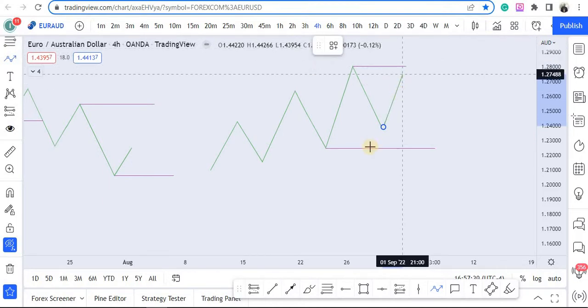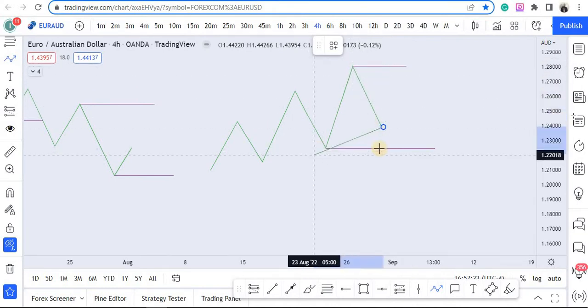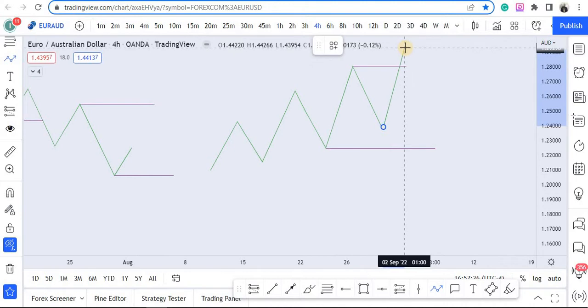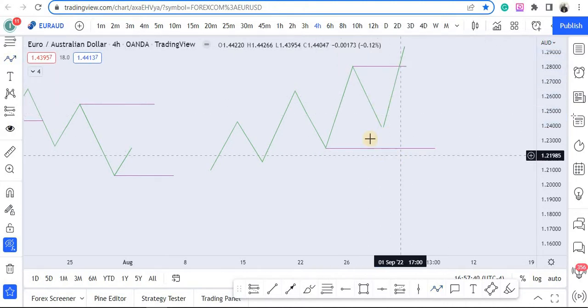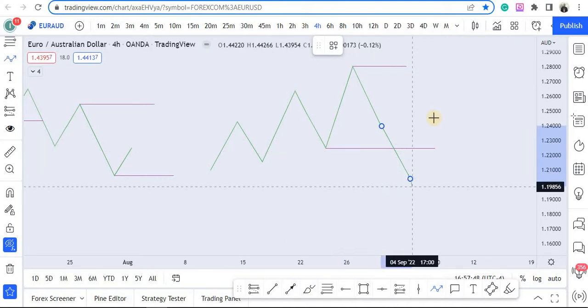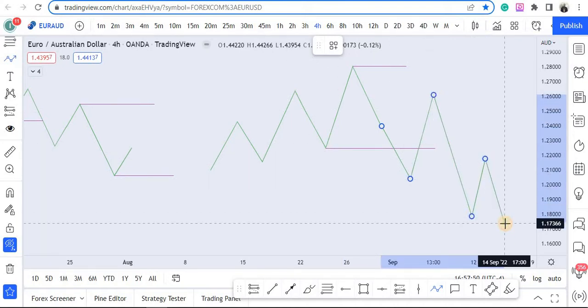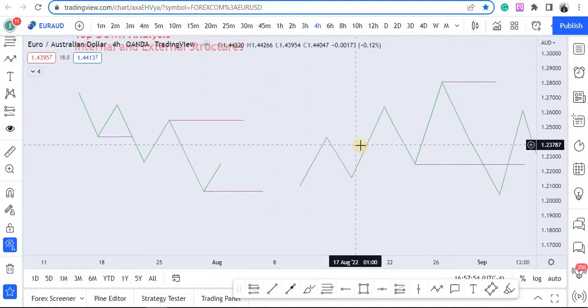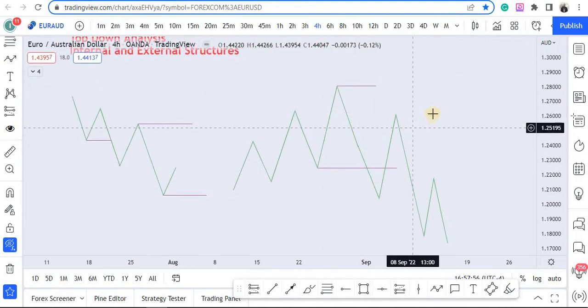You wait to see whether the high or the low is broken. If the high is broken, it means that we want to continue the bullish move. But if the opposite is the case and the low is broken, most likely we want to change to a downtrend in this scenario. So I hope you understand what we mean by that.